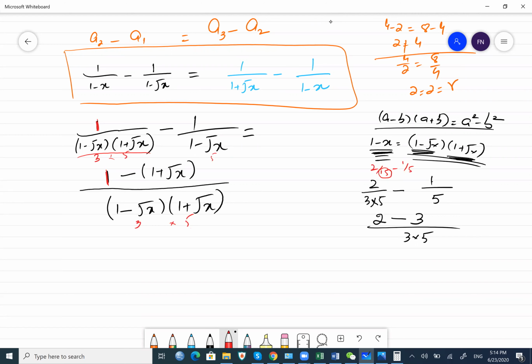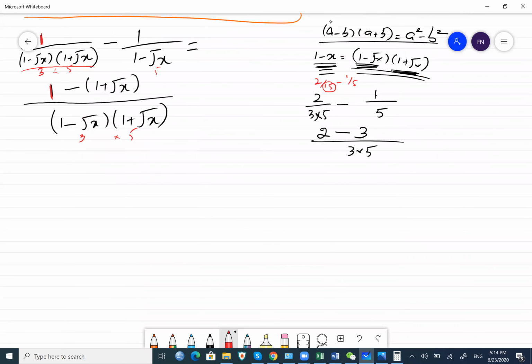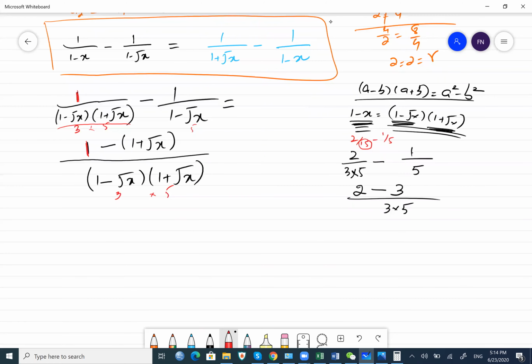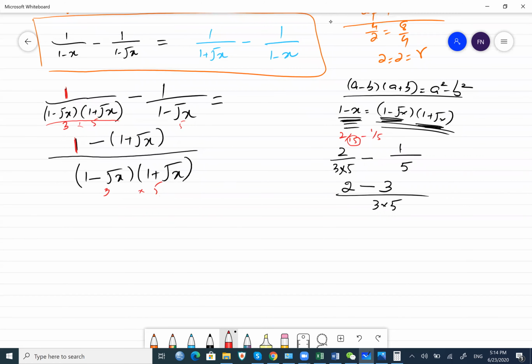Just consider it a simple example, as I said. Look at here. Again, I am writing, you need to add 1 over 3 times 5 minus 1 by 5. How will you solve this? You tell me.